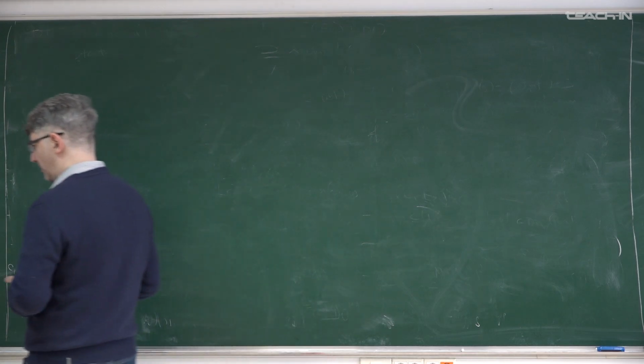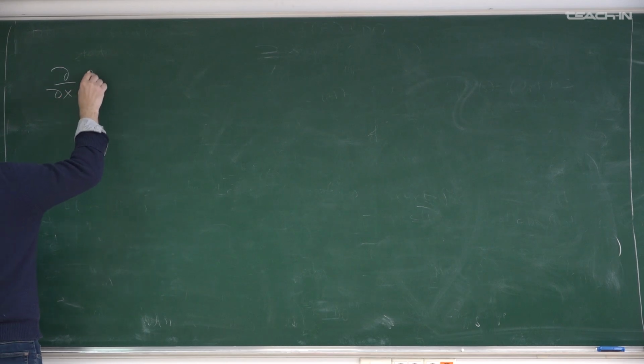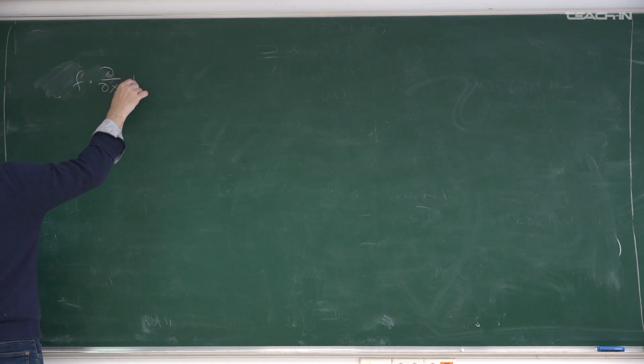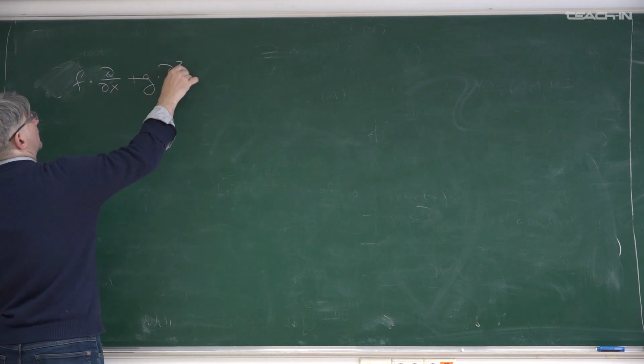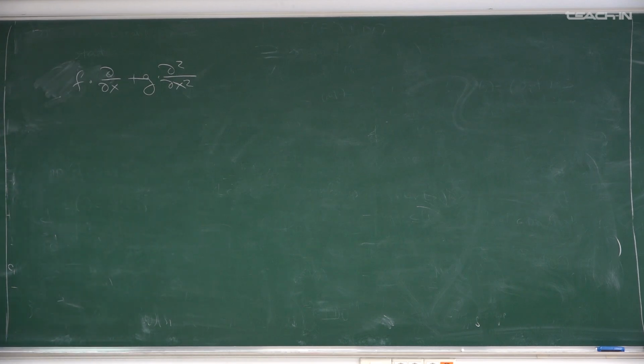Imagine we have some differential operator. So we have function multiplied by d by dx, function d dx squared, and it's enough. So this is a differential operator. Okay.